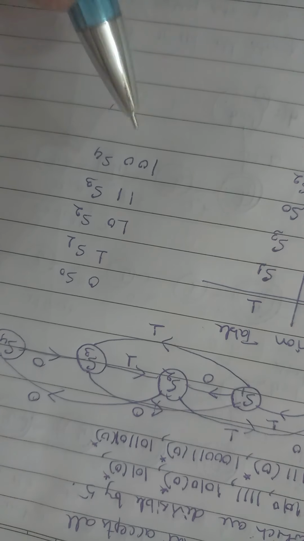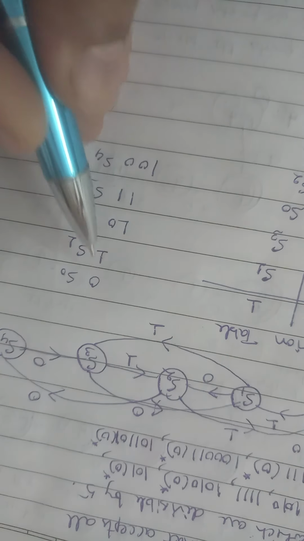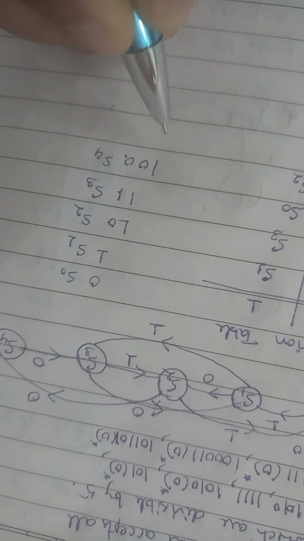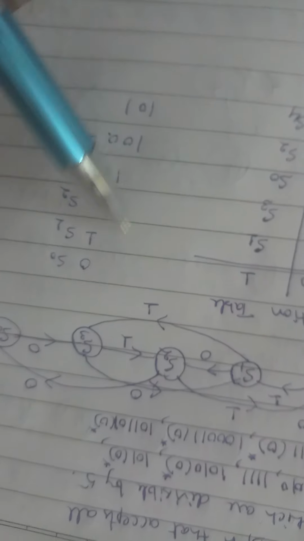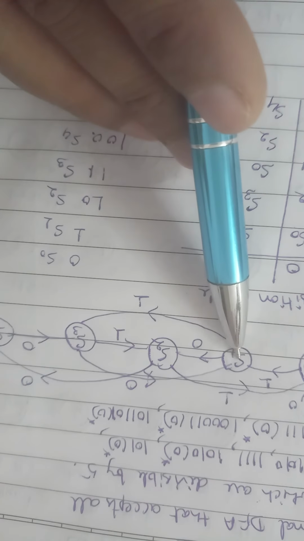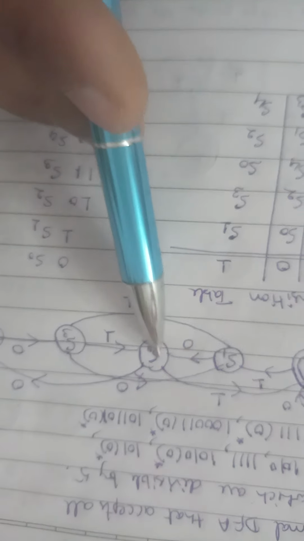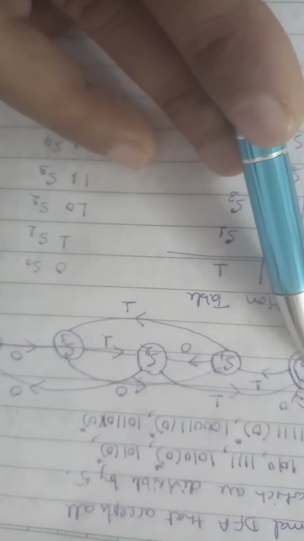And for 1 0 1, this is 0, this is 1, this is 2, this is 3, this is 4 in binary number. So 1 0 1 is 5 in binary number. So where are we reaching? Let's see. 1 0 1.